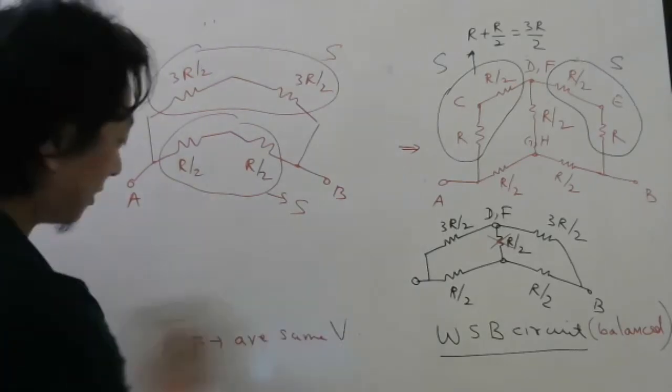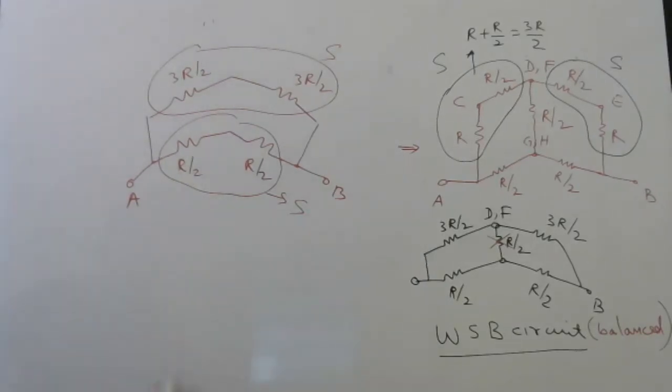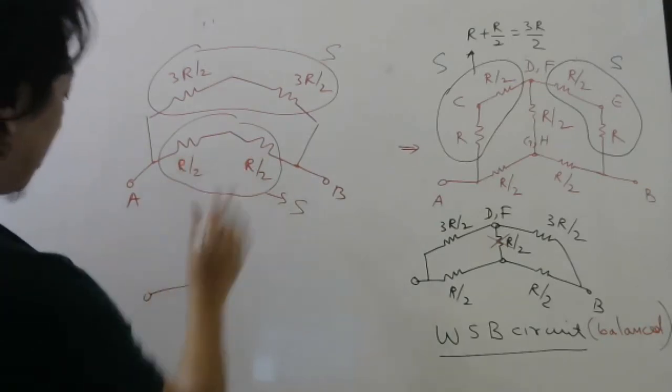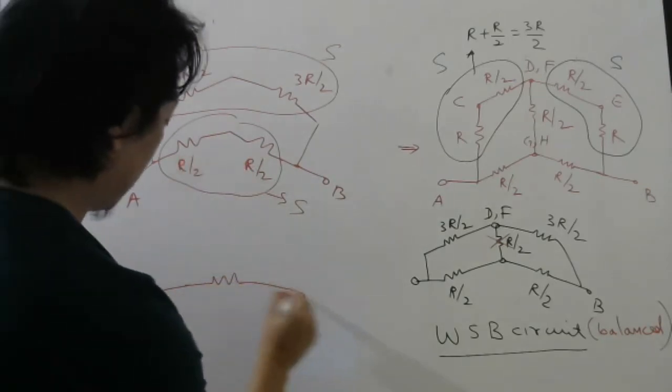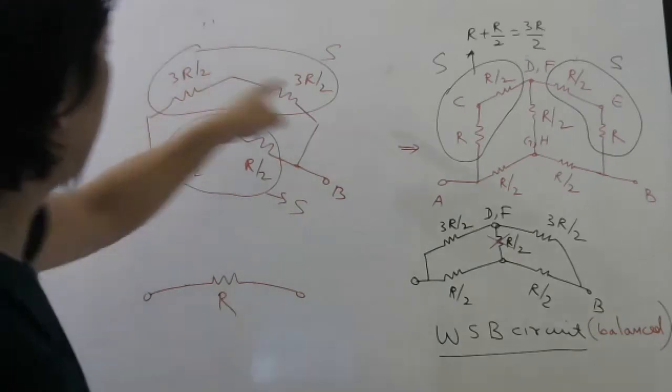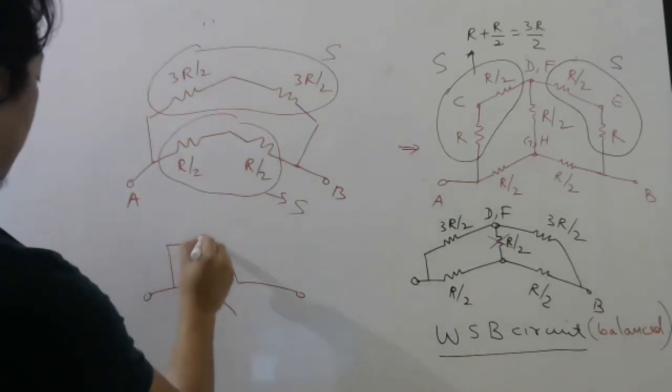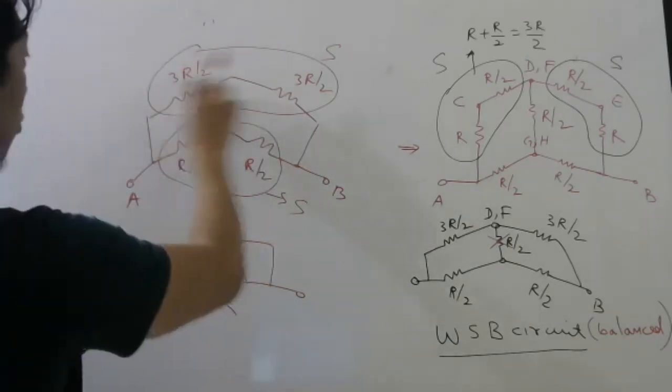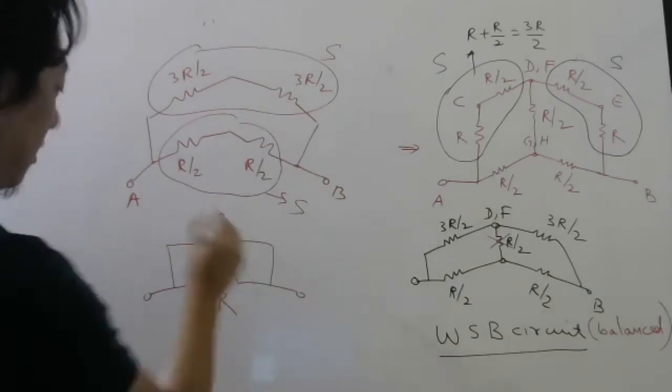So it will further simplify. R by 2 in series will give you R. 3R by 2 and 3R by 2 in series will give you 3R.